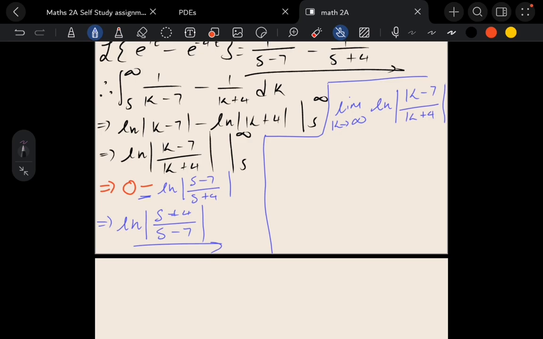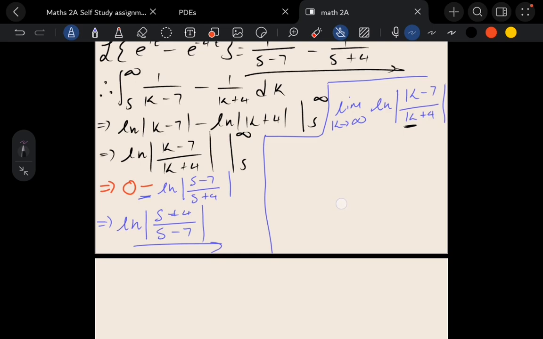We need to remember that whenever we take the limit as something goes to infinity, we go to the denominator and look for the highest exponent. What is the highest exponent that you're going to have there? It's going to be k. I'm going to divide everything that I see there by k.